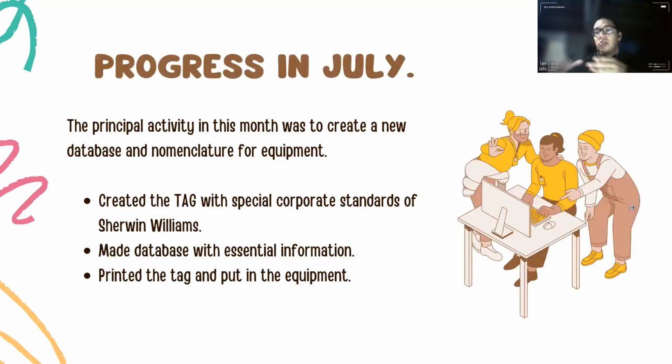The progress in July. In this month, we created a new database and nomenclature for every piece of equipment in the process, with special standards of the company. In addition to this, we printed these tags on special plastic paper and put them in the field.